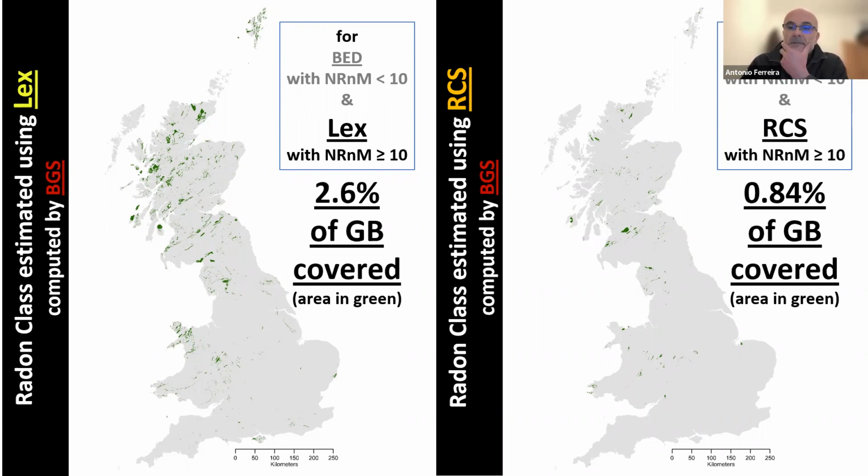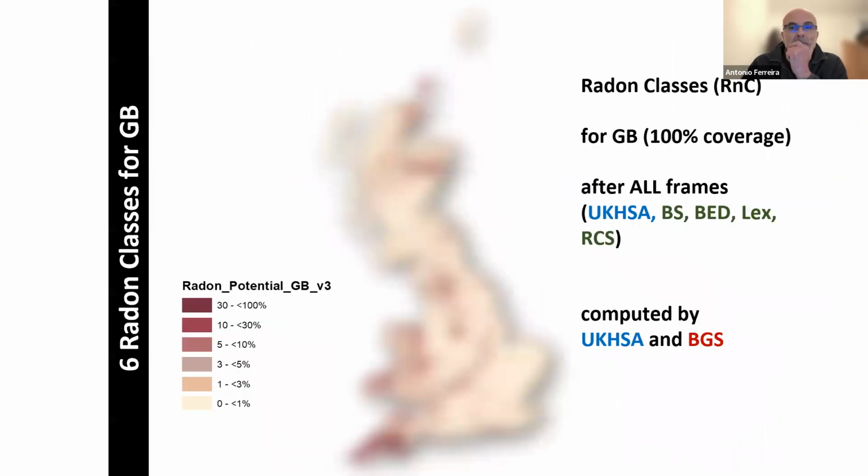All these 4 frames are based on statistics of all the radon measurements in the respective simplified geology. One radon potential only has been determined for each simplified geology. Finally, we merged the five radon potential frames, the one made by the UK HSA and the 4 made by the BGS, which cover 100% of Great Britain.